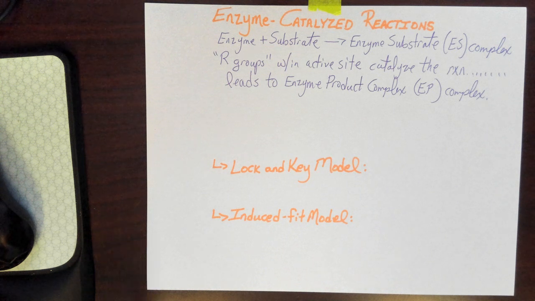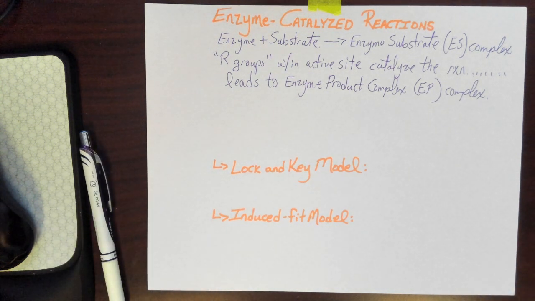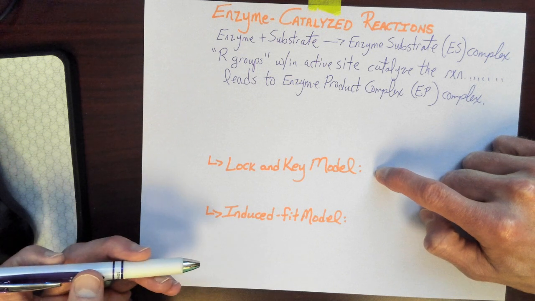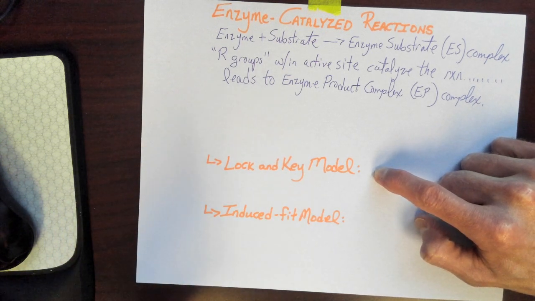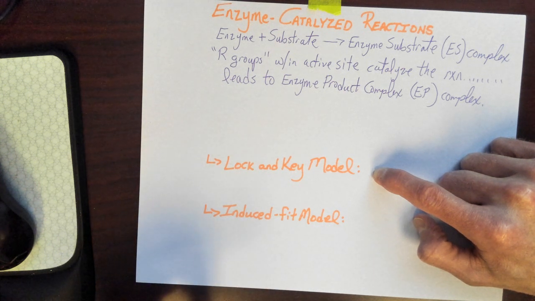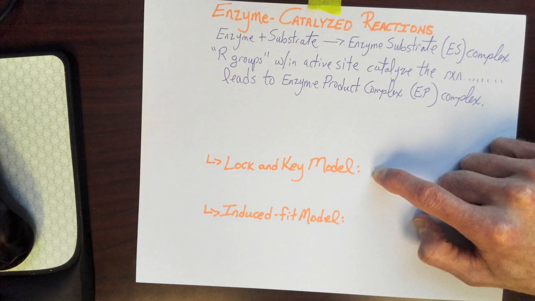Okay, now let's dive into a little bit of detail on what's called the lock and key model and the induced fit. Okay, so the lock and key model was the idea that the active site, being a very rigid, non-flexible shape structure, very solid, very rigid kind of structure, and then the shape of the active site was the comparison of being the lock.